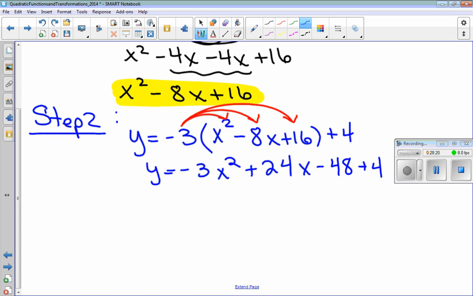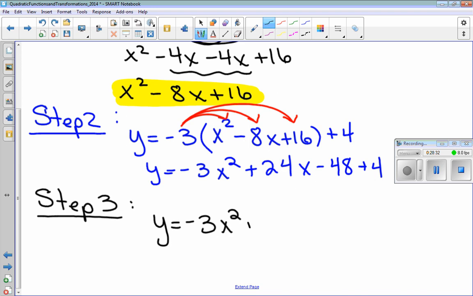Now, step 3. We have to subtract 48 plus 4. There you go. And then we're done. Okay. So we have it now in standard form.